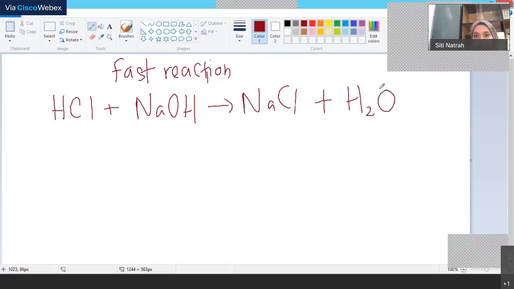Then you have to check whether they are balanced or not. We check the hydrogen: 2 on the product side, and on the reactant side we also have 2. How about the sodium? Balanced already. Chlorine also balanced, and also oxygen. So this is our chemical equation for neutralization.